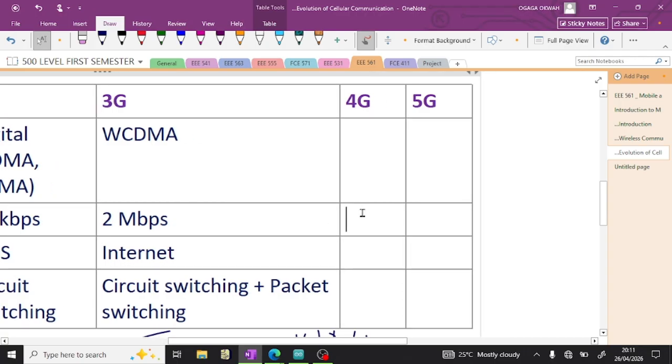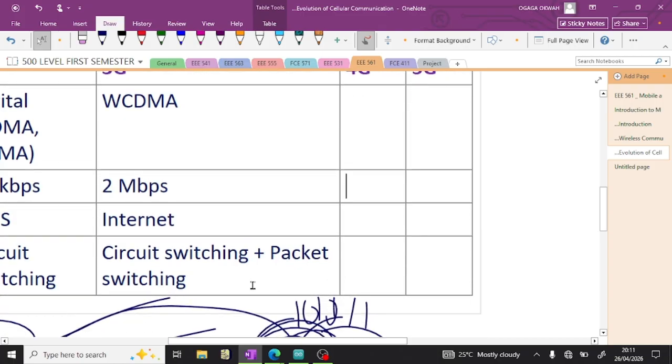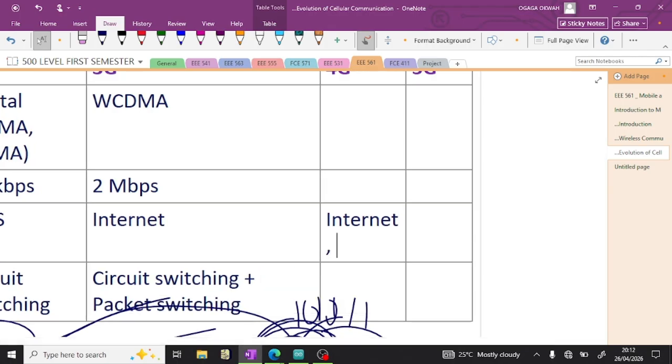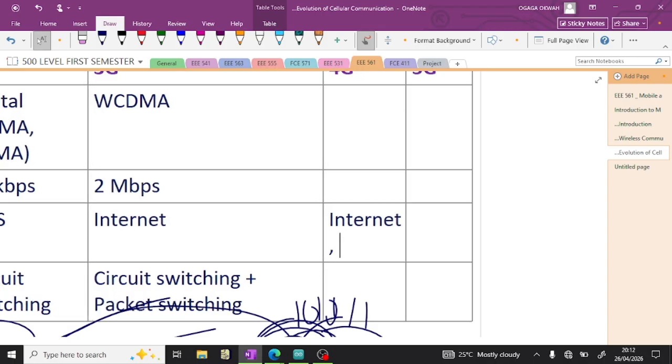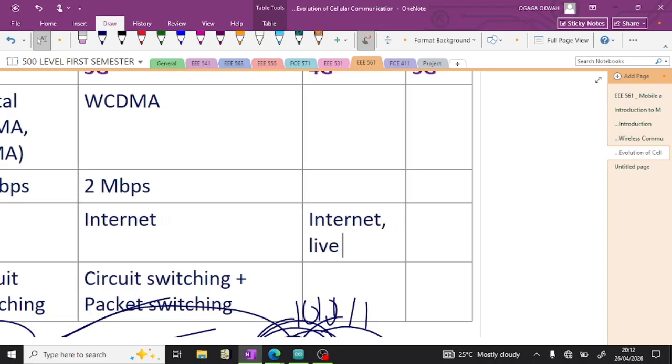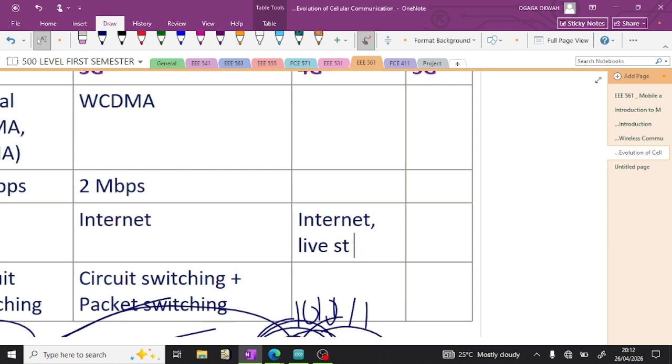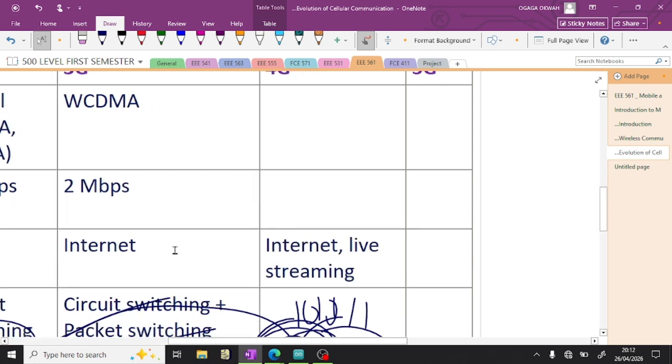So for the fourth generation, what are we looking at? In the fourth generation, we are not just looking at internet. We are also looking at live streaming. Internet, then live streaming.